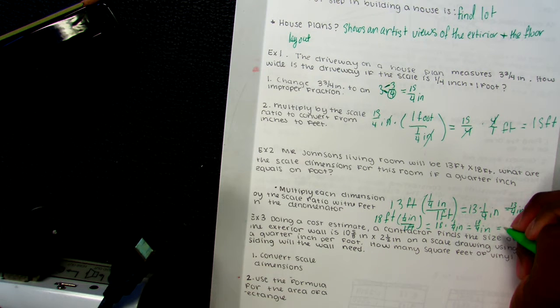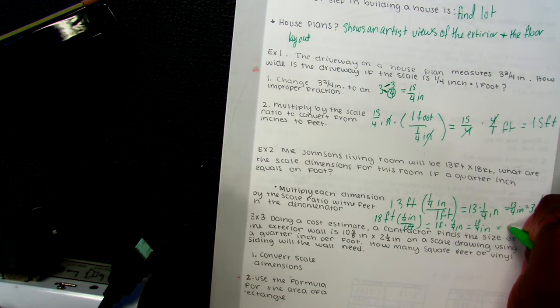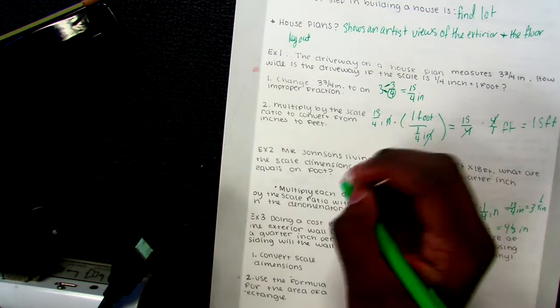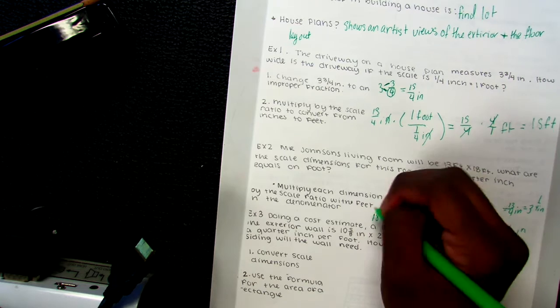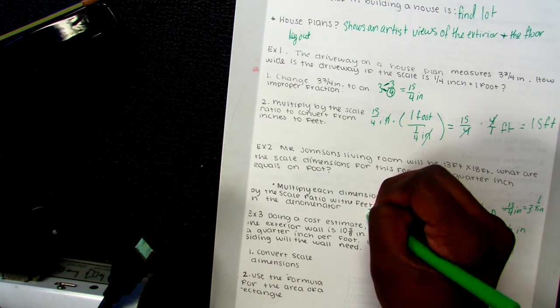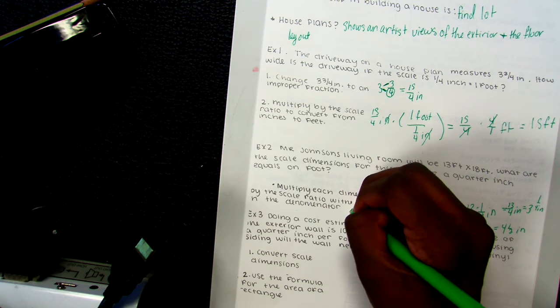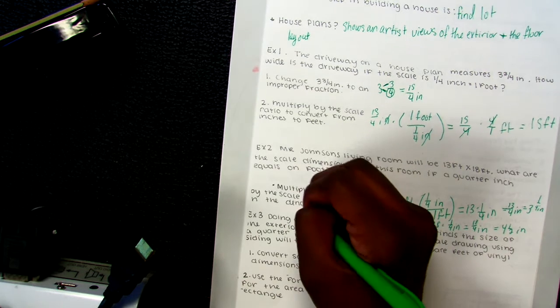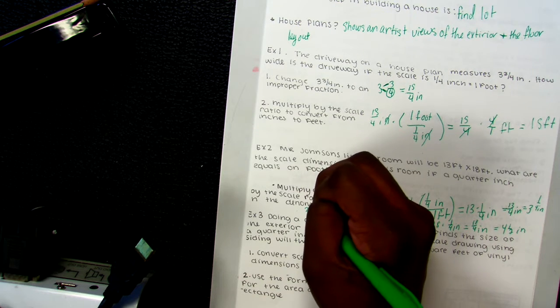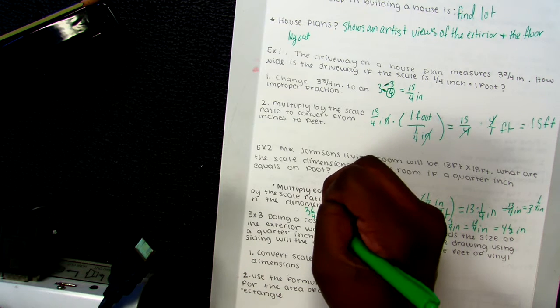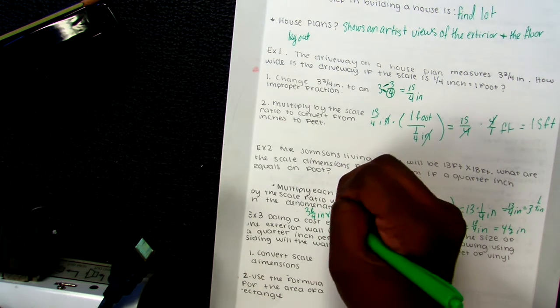And then you would make that into a mixed number, which would be 4.5 inches. The dimensions are 3 1/4 inch times 4 1/2 inch.